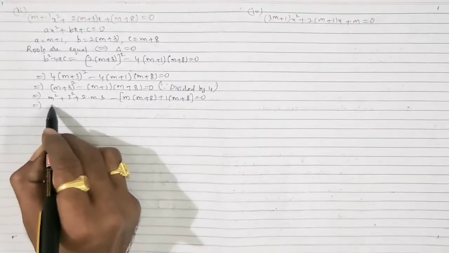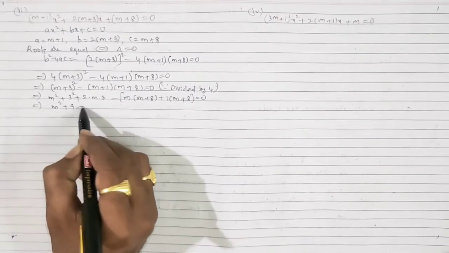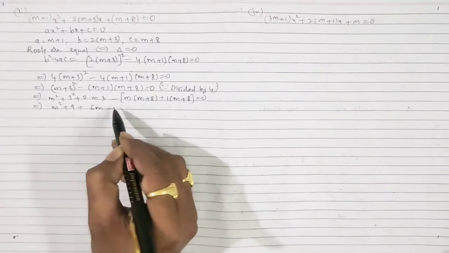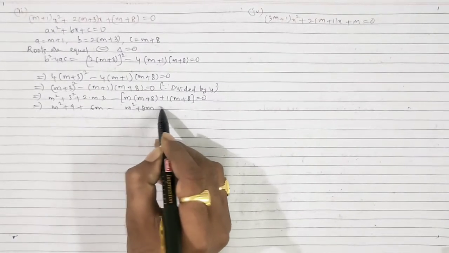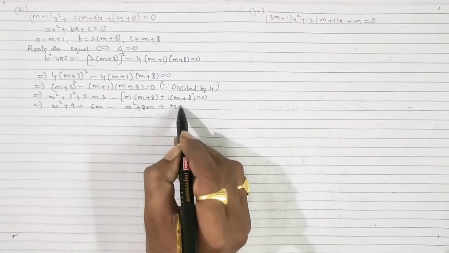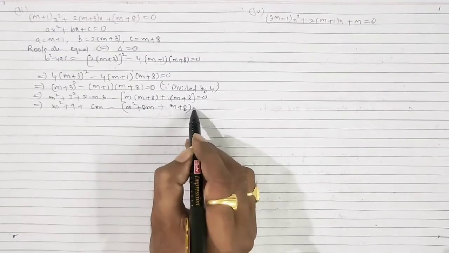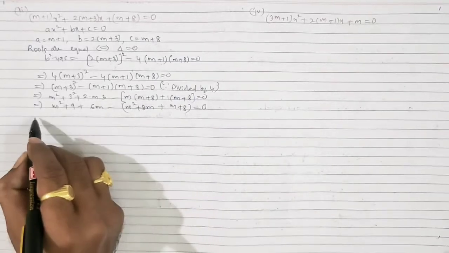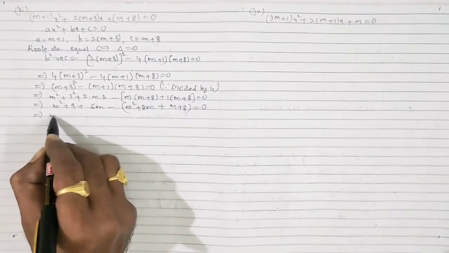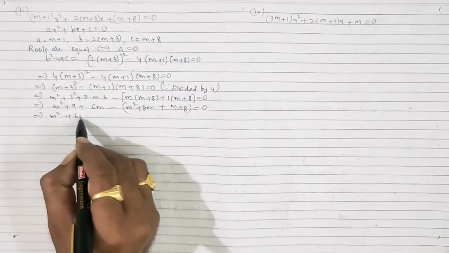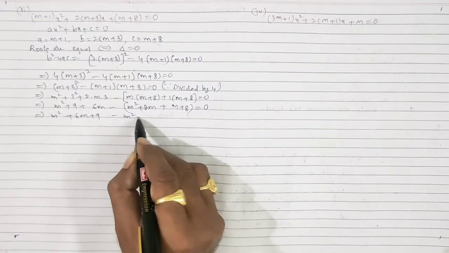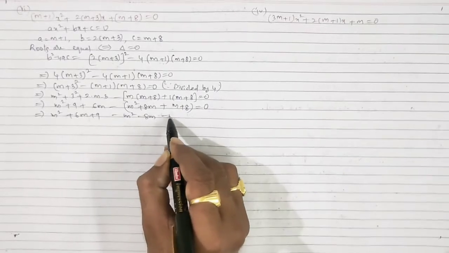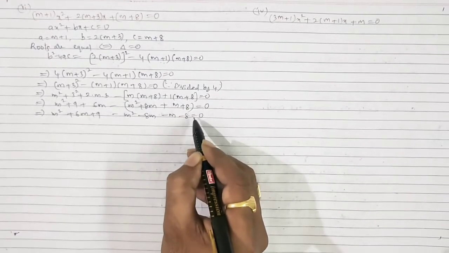So m square plus 3 square, value 9, plus 2 times 3, that is 6m, minus the bracket m square plus 8m plus 1 into m plus 8 itself. I am keeping the bracket as it is. Now I am going to remove the brackets: m square plus 6m plus 9 minus m square minus 8m minus m minus 8 is equal to 0.